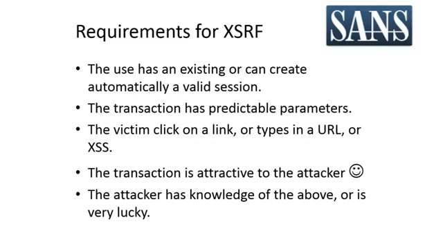Now, the real gotcha for cross-site forgery is the transaction has predictable parameters. What does that mean? That means that to pull off the transaction correctly in your browser, the attacker doesn't have to guess. They can know every parameter. Example, transfer funds. Transfer from account, transfer to account, amount, submit. If only it were that simple.